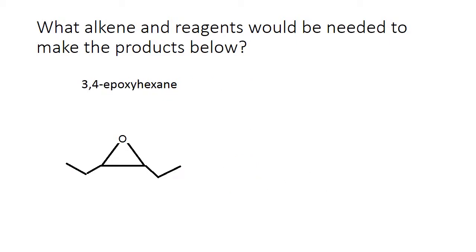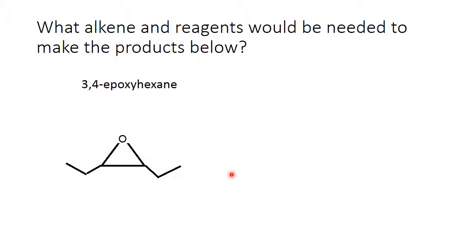So what alkene and reagent would be needed to make this 3,4-epoxyhexane? Okay, to make the 3,4-epoxyhexane, this isn't a carbene. This is from a previous online lecture, but it's good to review things like this and throw them in there to make you think about what you're doing.